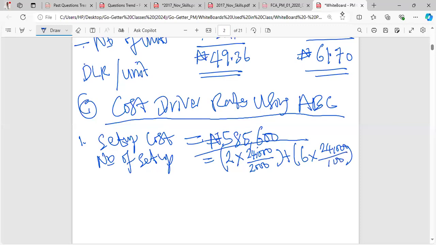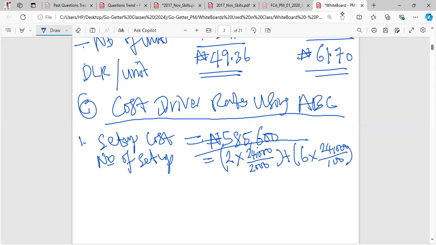Divided by 100. Now what it means here is that if I have 24,000 pieces of mineral bottles lying on the ground, and I want to put them in the crate, which is the batch setup, which is the batch.